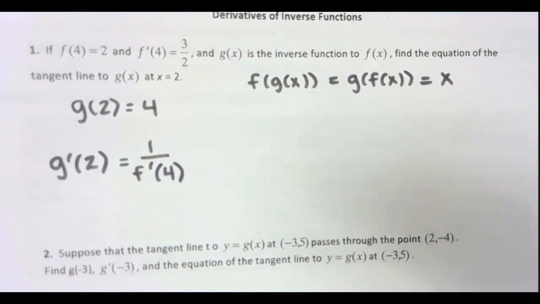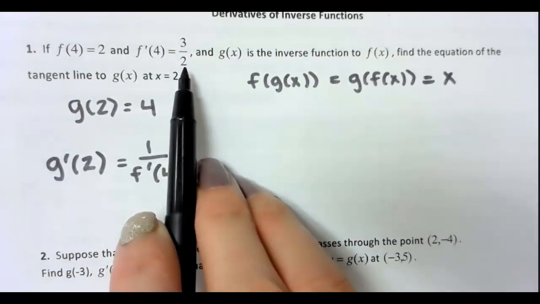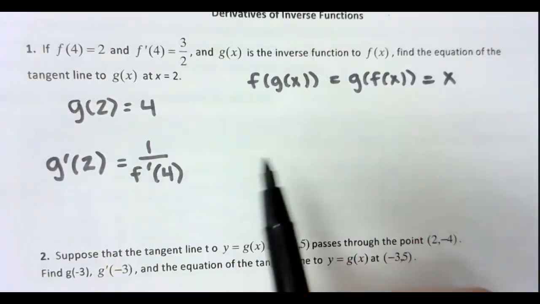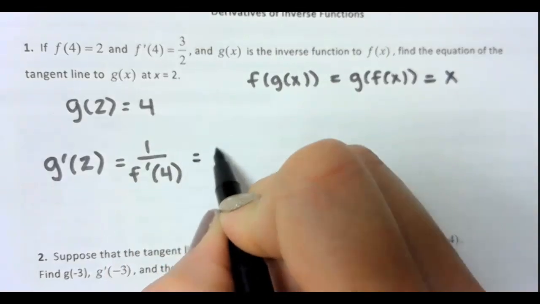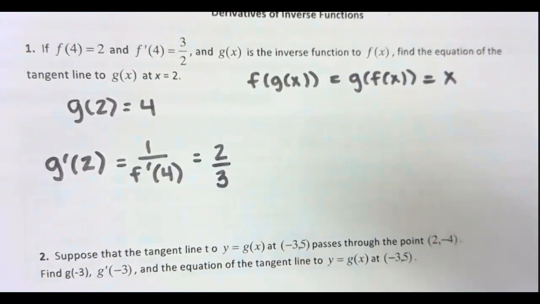So g prime of 2 is the same as 1 over f prime of 4. So f prime of 4 is 3/2. 1 over 3/2 would be its reciprocal, which is 2/3. So the slope of the tangent line is 2/3.